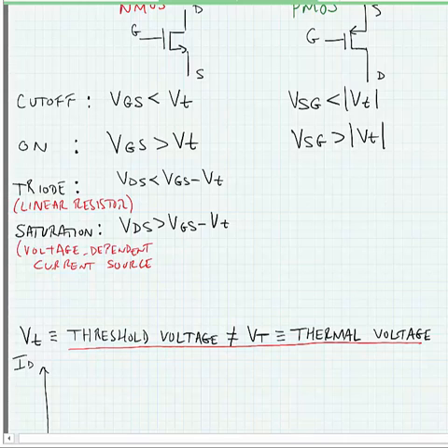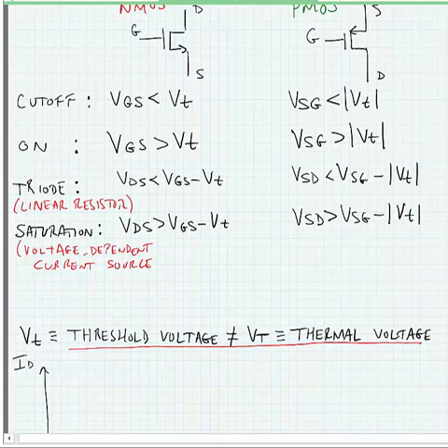For the PMOS device, we just reverse the subscripts. If V source to drain is less than V source to gate minus the absolute value of the threshold voltage, the device is in triode. For saturation, V source to drain is greater than V source to gate minus the absolute value of the threshold voltage.